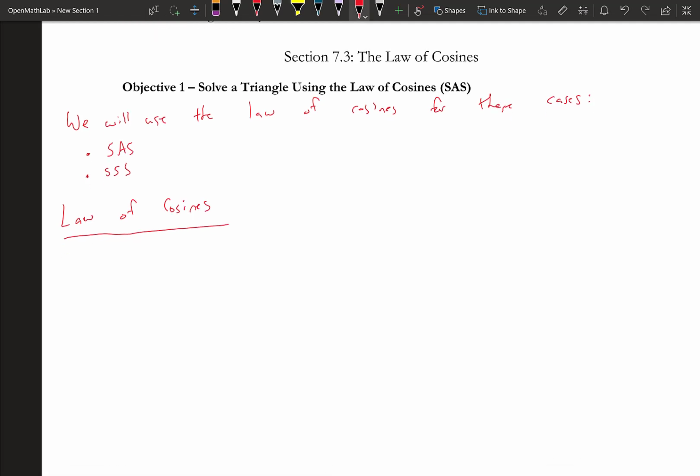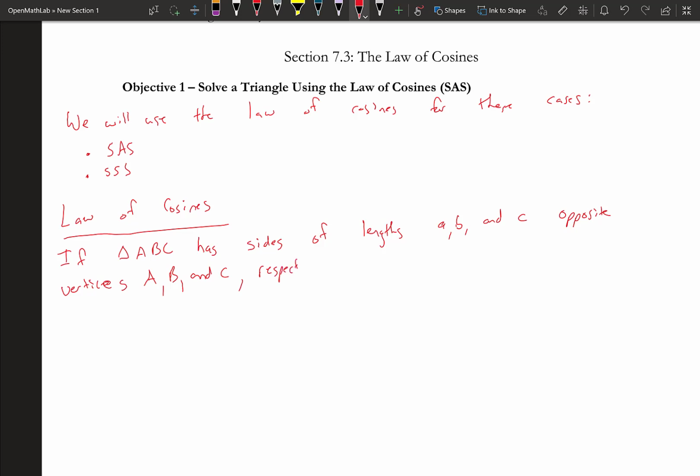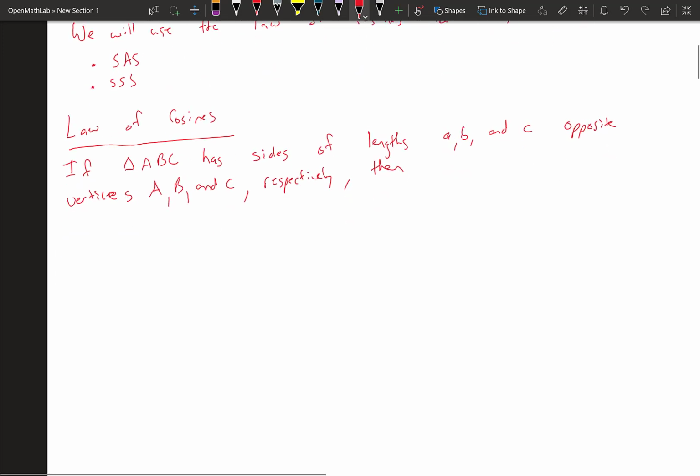So the law of cosines says the following. If triangle ABC has sides of lengths a, b, and c, opposite vertices A, B, and C, respectively, then the following is true.